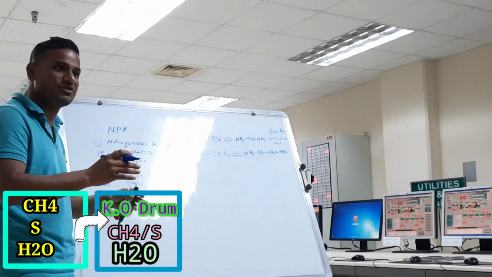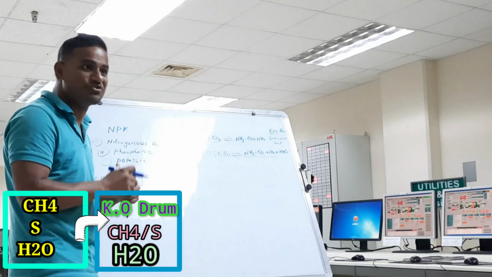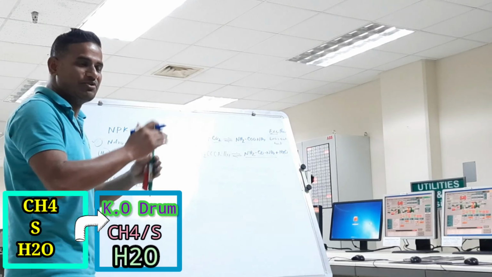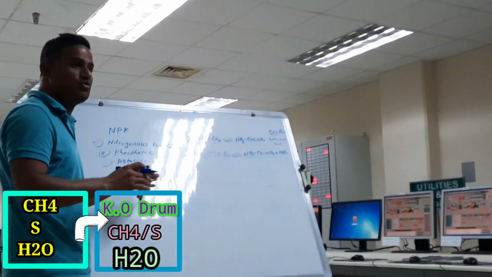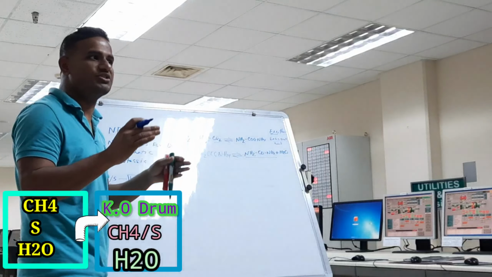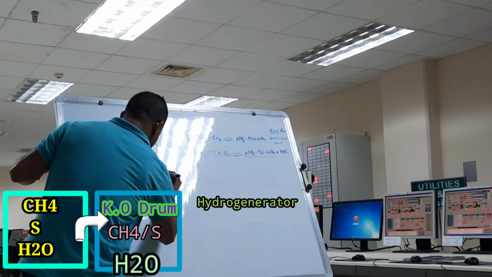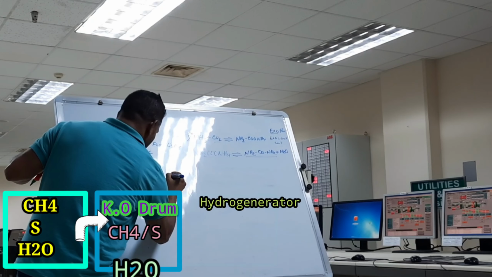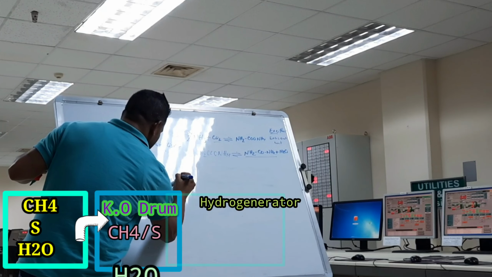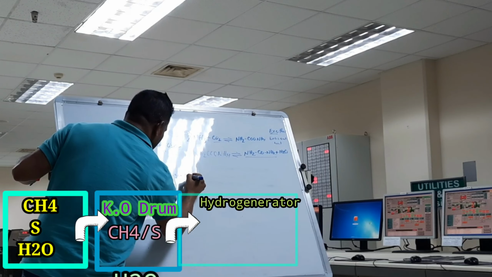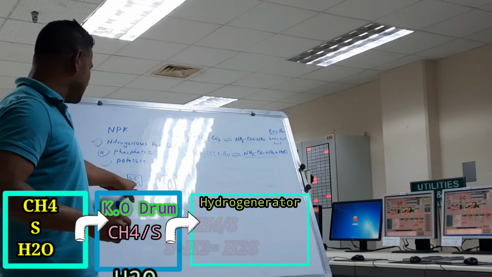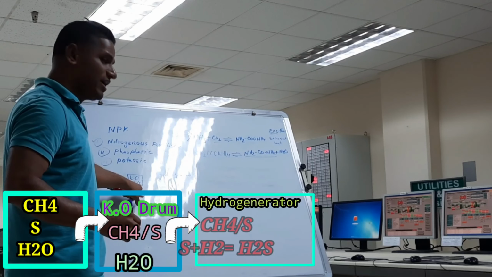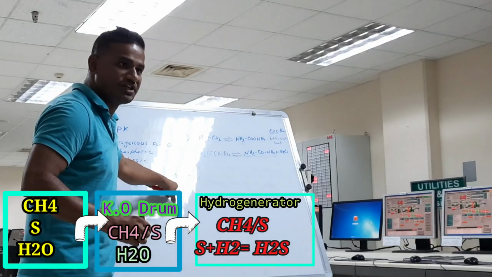For this reason, it will go to the hydrogenator. The ammonia plant, first this product will go to the hydrogenator. It is called hydrogenator. Okay. This methane and sulfur first go to the hydrogenator.